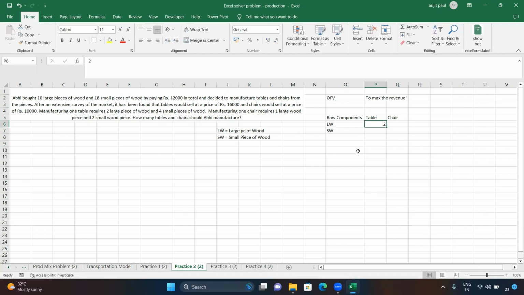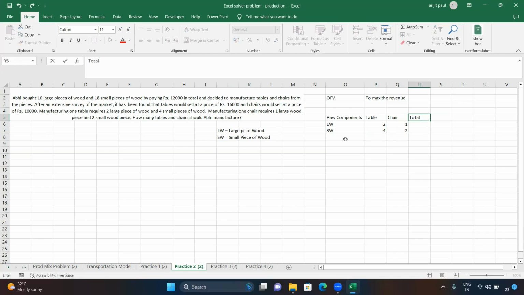Two large pieces of wood and four small pieces of wood. Okay. And to make one chair, we have a requirement of one large wood. We can mention here one large wood and two small wood pieces. Okay. So this is the ratio.